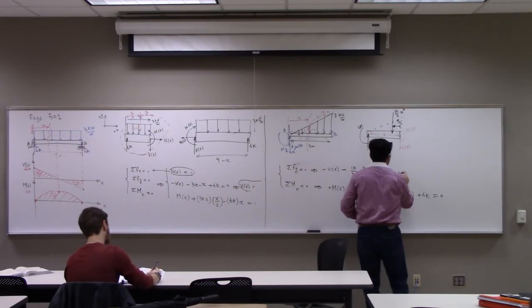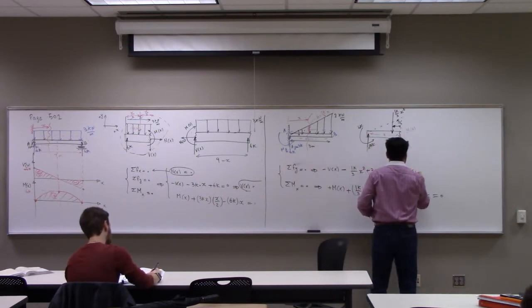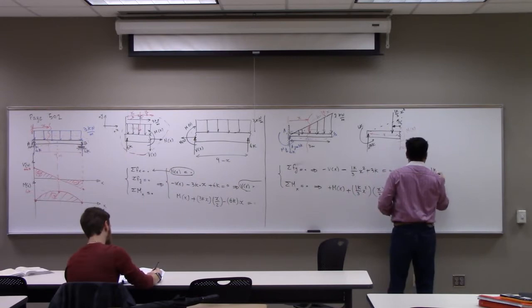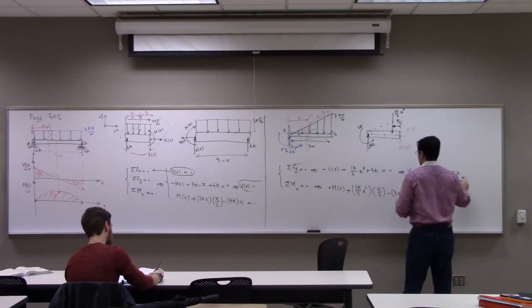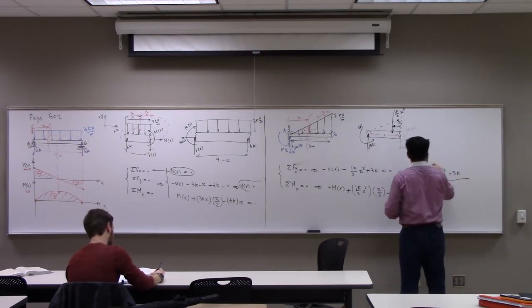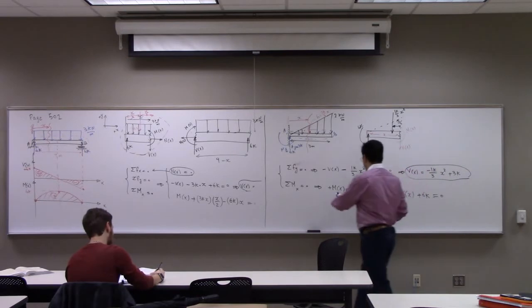Vx is equal to negative 1k over 3 x squared plus 3k. That's your Vx. And here solve for Mx.